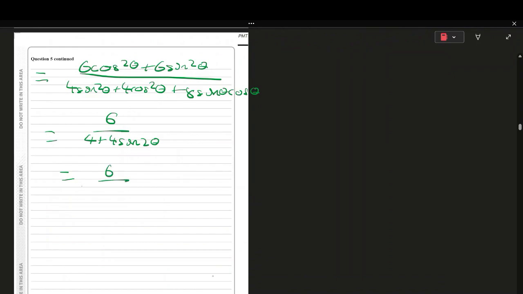So 6 over 4 times (1 plus sine 2 theta). Since we want a at the top, we put it as 6 over 4 over 1 plus sine 2 theta. And the question is complete.